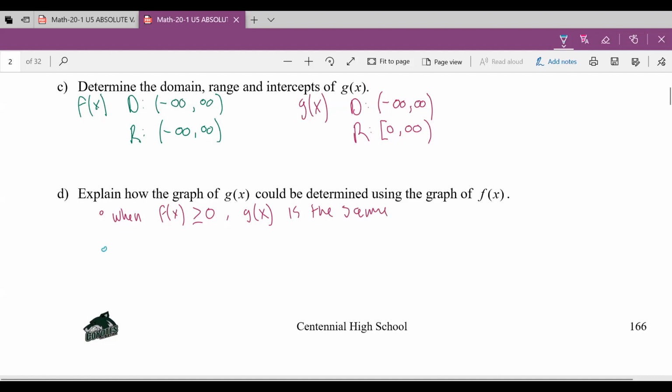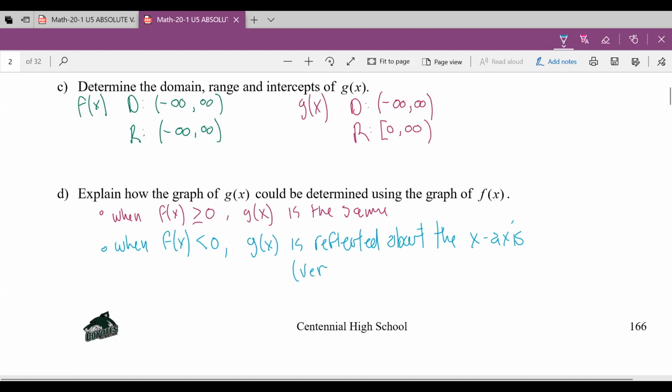What about when f of x is less than 0? Well, when f of x is less than 0, g of x is reflected about the x-axis. And we call this a vertical reflection.